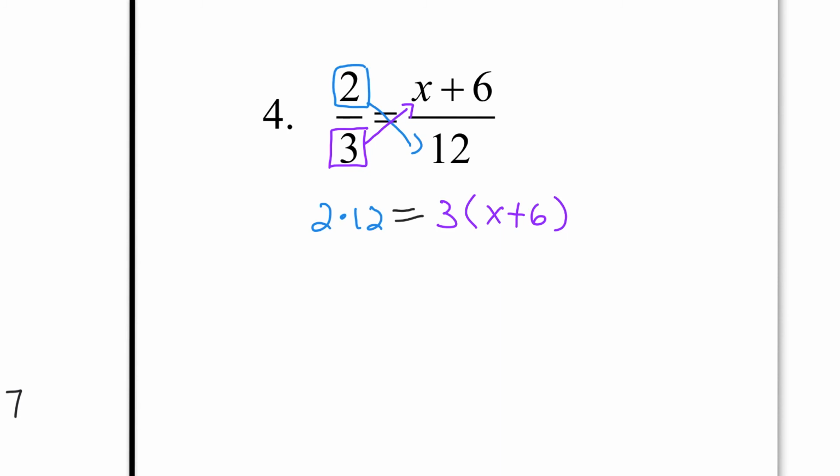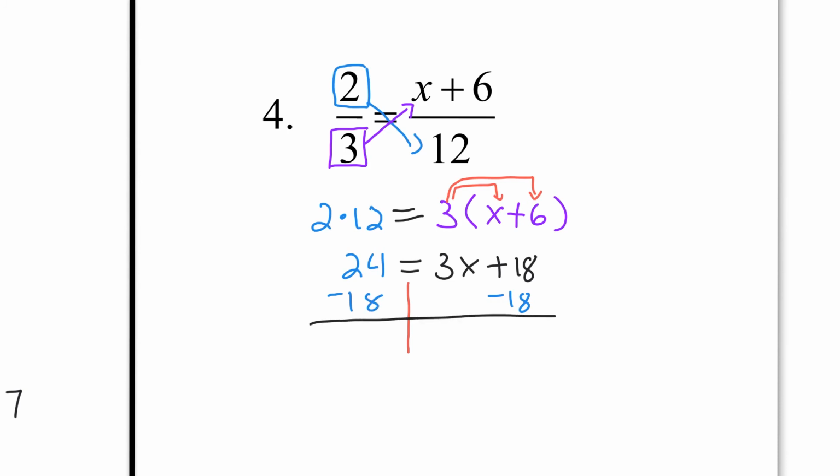On the left side, let me just bring down the equal sign here. We get 24, 2 times 12, and then I'm going to distribute the 3. 3 times x is 3x. 3 times 6, that's going to be 18, and you solve. So let me bring down the line right here. Subtract 18 from both sides.